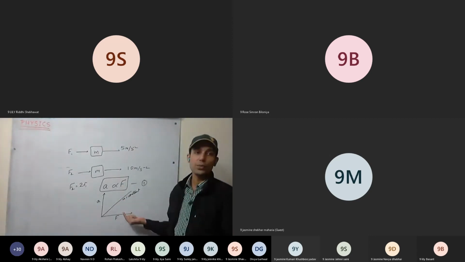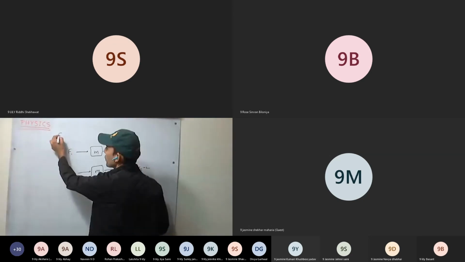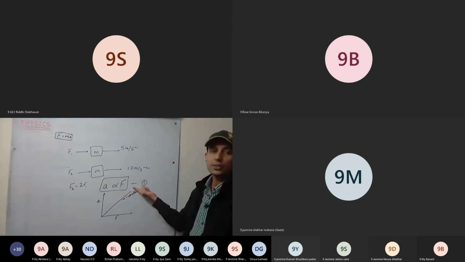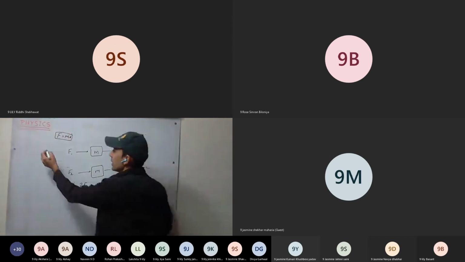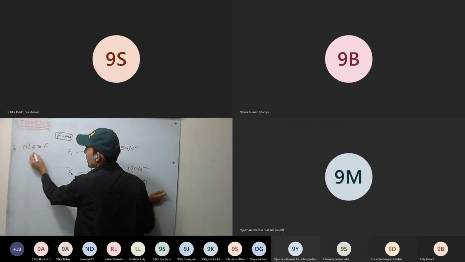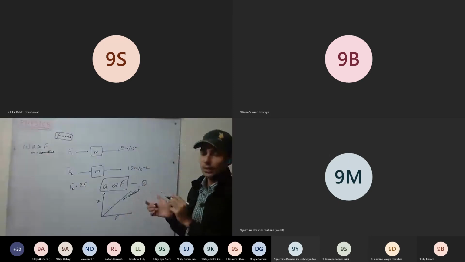This is clear. This is our first equation, and we are going to derive F equal to ma. Acceleration is directly proportional to the force applied, where mass remains constant. This graph we have got.